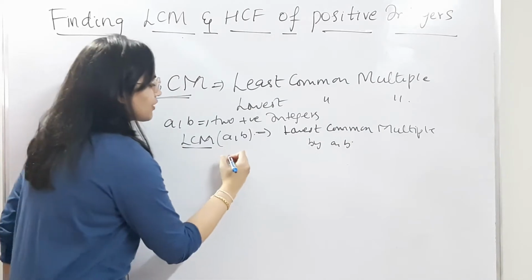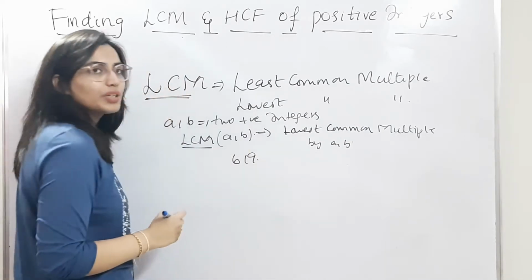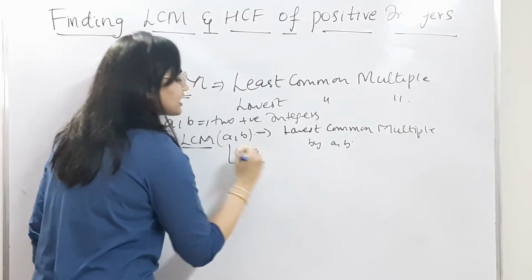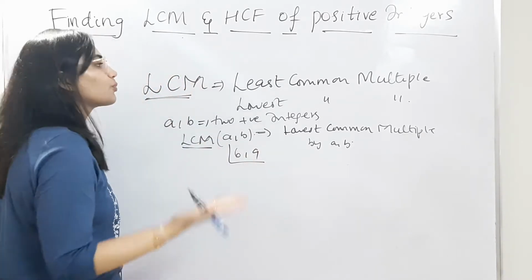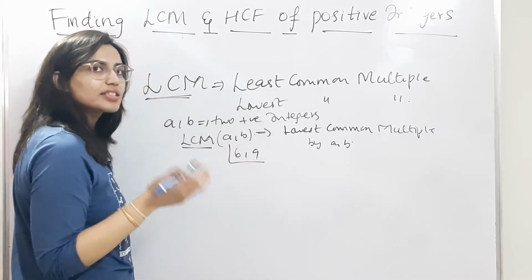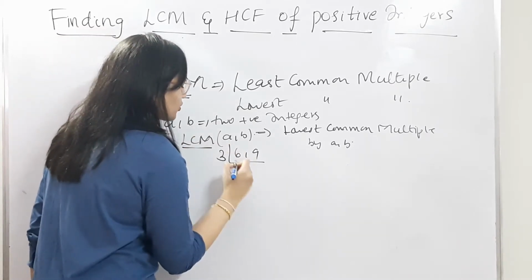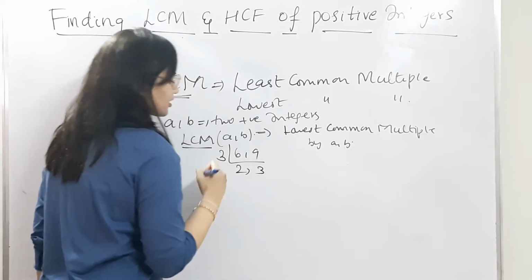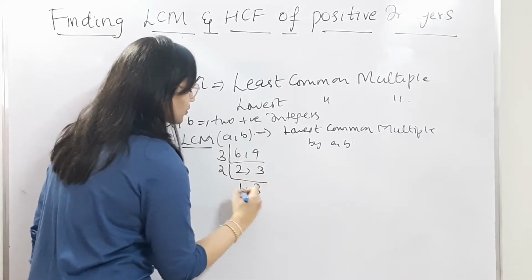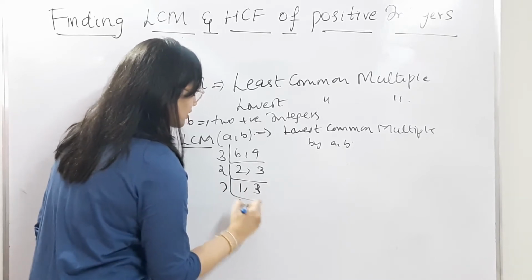That is, for example, there are two numbers 6 and 9. Using the division method that we already know, you must have been introduced to this in your earlier classes. How do we find the LCM of two numbers? This is where you find it. 3 2s are 6, 3 3s are 9. Again, 2 1s are 2. Again, 3 1s are 3.